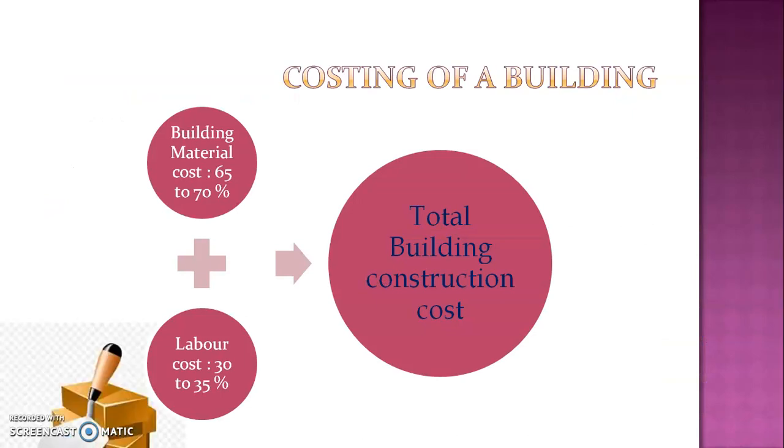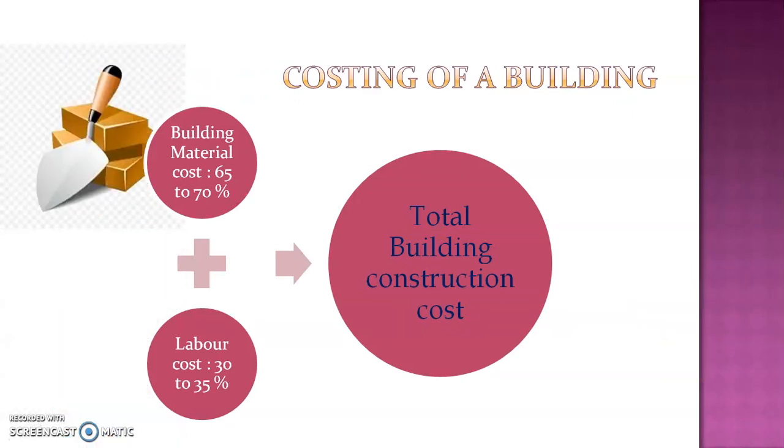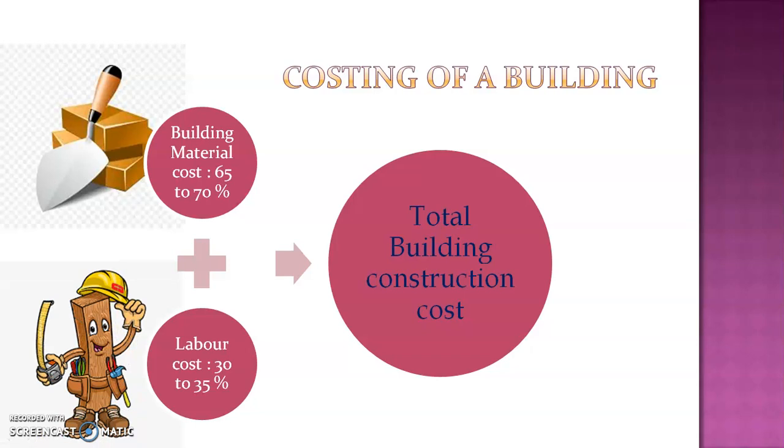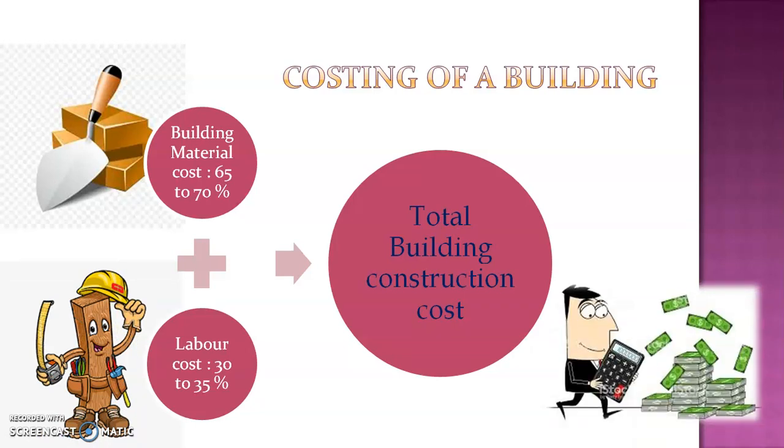Next part, the costing of a building. Now the building cost is generally divided into two major elements. One is building material and the second is labor cost. The building material costs around 65 to 70%, while labor cost goes around 30 to 35%. And the total cost is the sum total of these two major components.